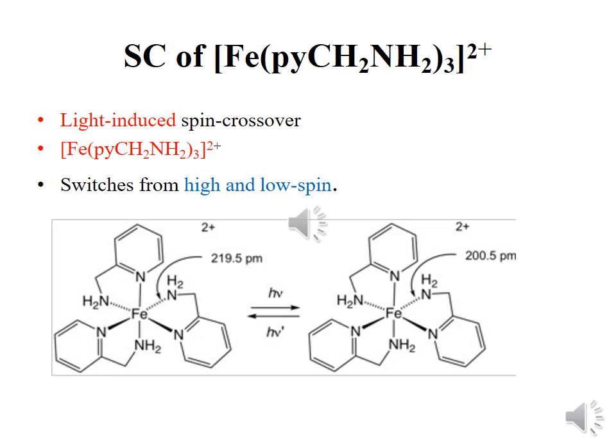It means that on the absorption of the light, the bond length may change. The state of the complex may also change from low spin to high spin, or high spin to low spin complex, but the charge on these two structures is plus 2, meaning charge does not change as we change the spin state of the complexes.